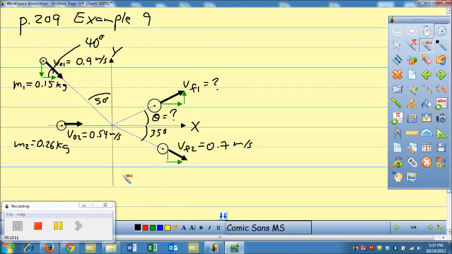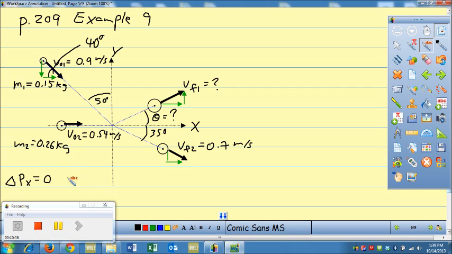Because, for instance, if we want to set up the sum, delta momentum in the x direction equals 0. How's that going to look?